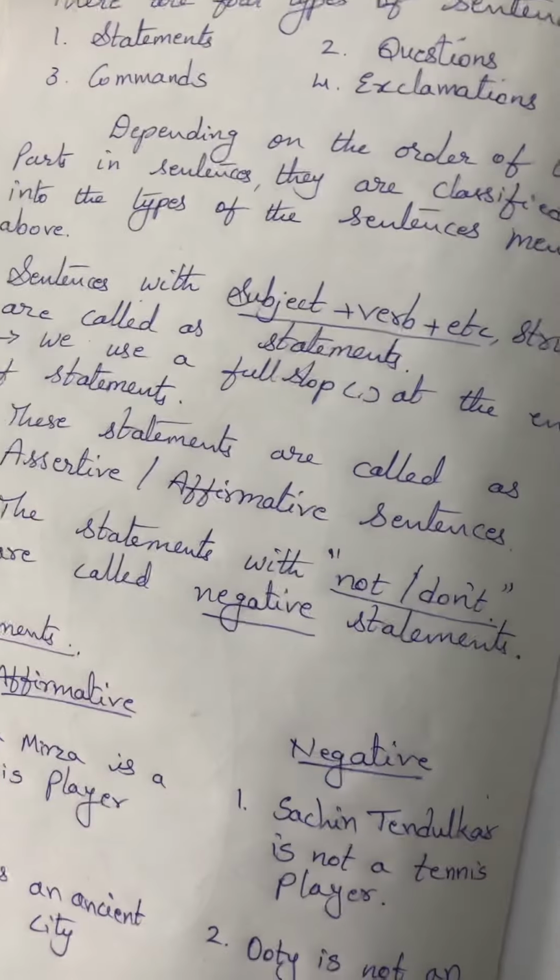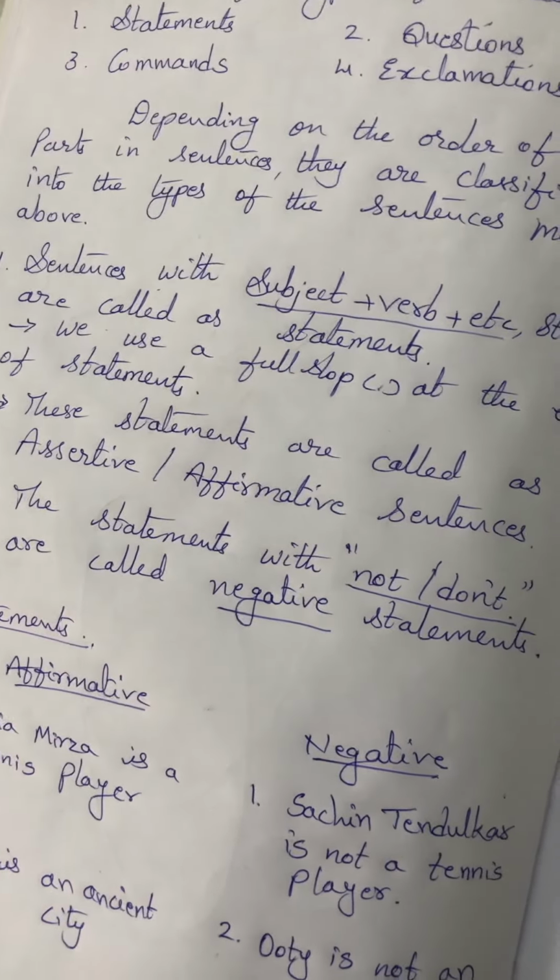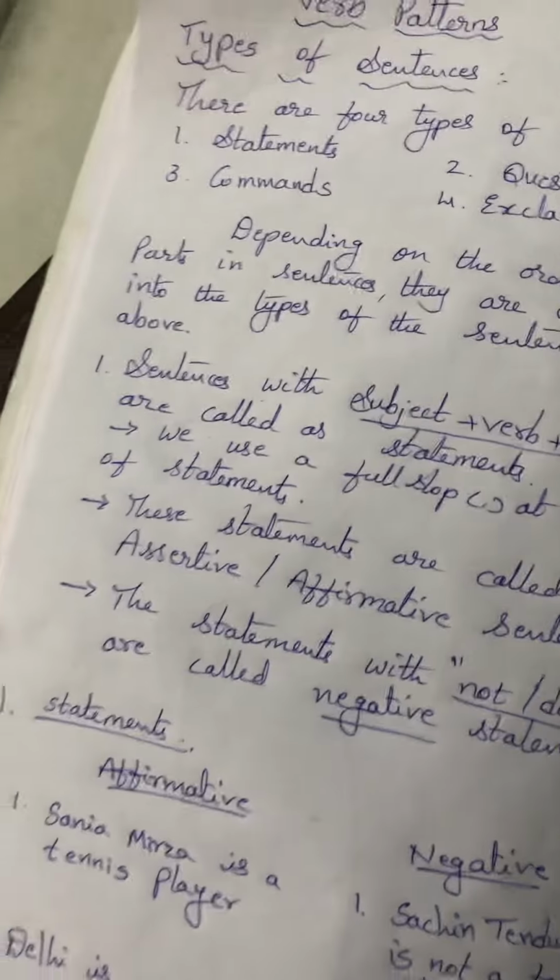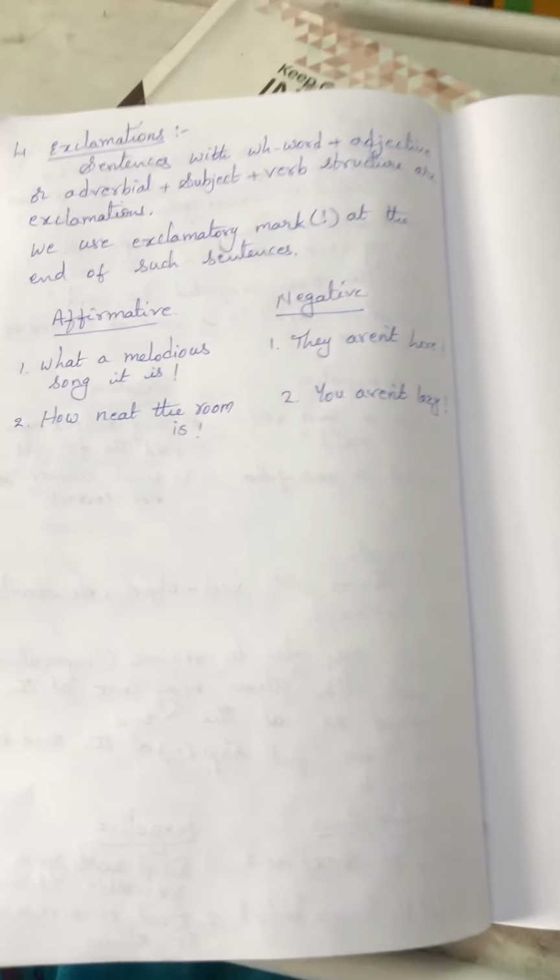This is about the commands. For positive requests, we say, please help me to do the work now, or will you do me a favor please? Like that we make requests.